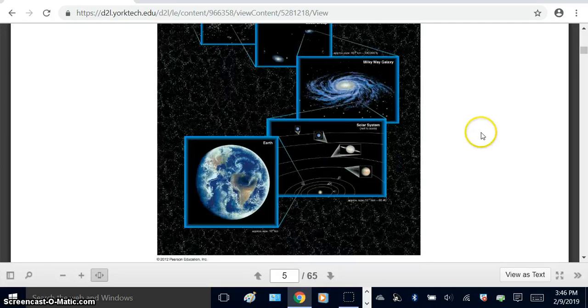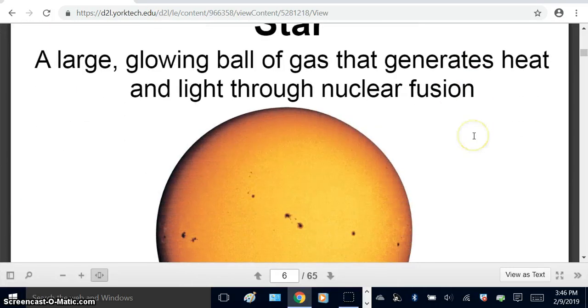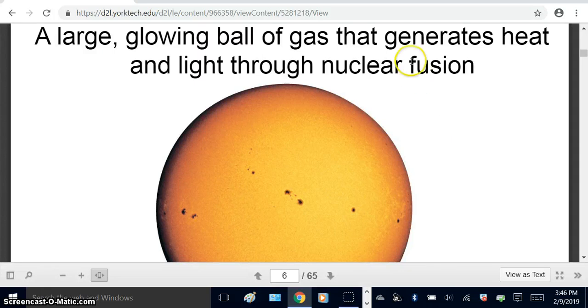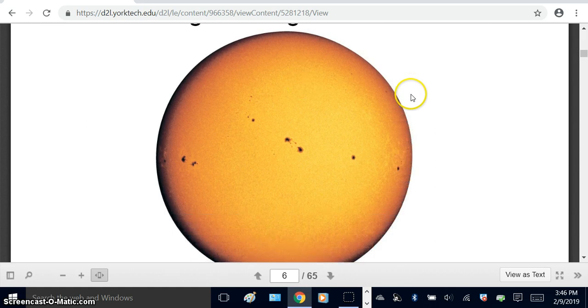All right, so going back to our star. Our star is really what generates the heat and the light through a process called nuclear fusion. That is when two atoms come together.